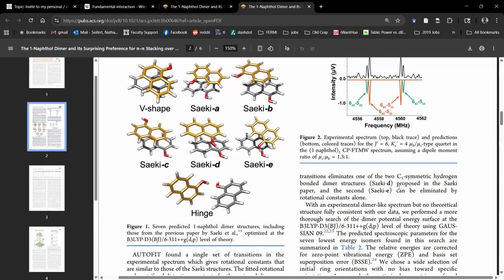And he says that these are the correct ones. That what happens is exactly like what we expect in phenol, that you add another ring, and the rings stack on top of each other to maximize the dispersion, but you still get some free hydrogen bond. It's completely wrong about it. The correct answer is this one, where the oxygens are on opposite sides of each other. They don't talk to each other at all.